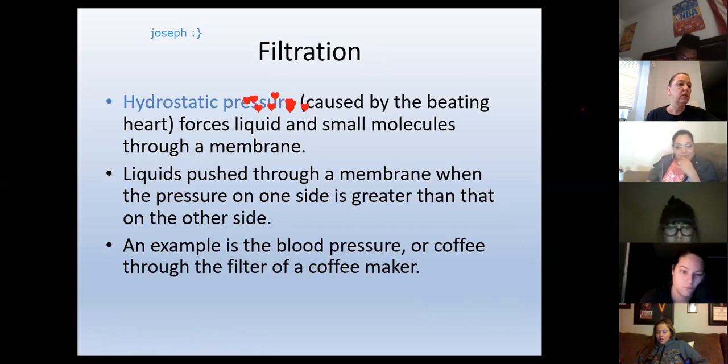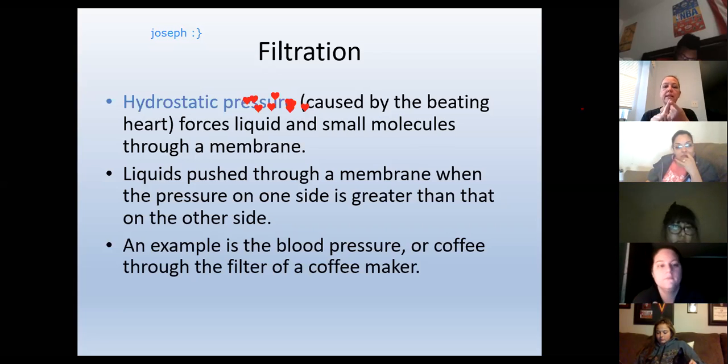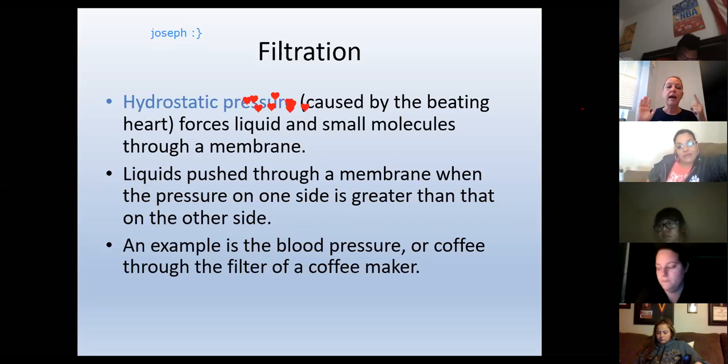analogy? So, just to go back and review for a minute, the 4 methods of passive movement. Passive meaning no energy needed. We had diffusion. We're moving molecules from a high to a low concentration, and the difference between that concentration is known as the gradient.